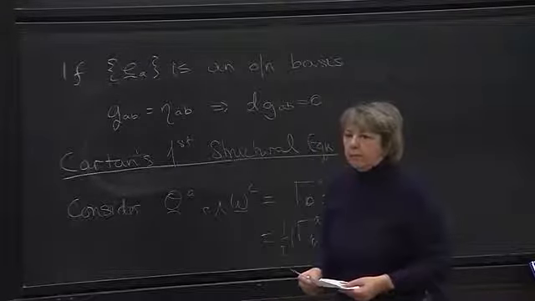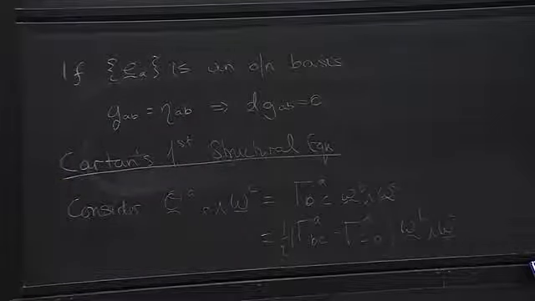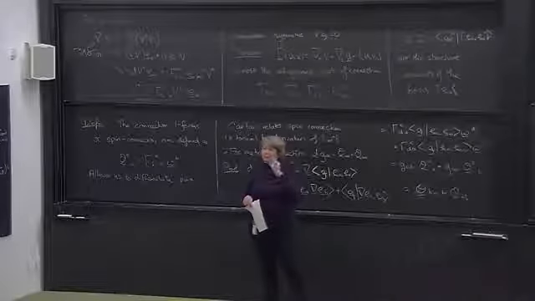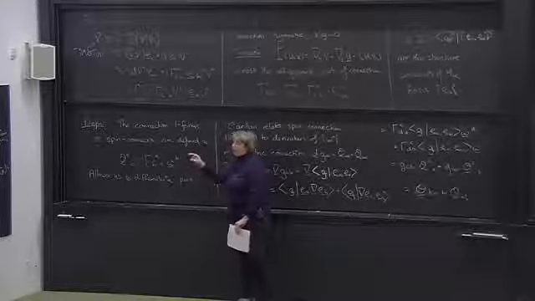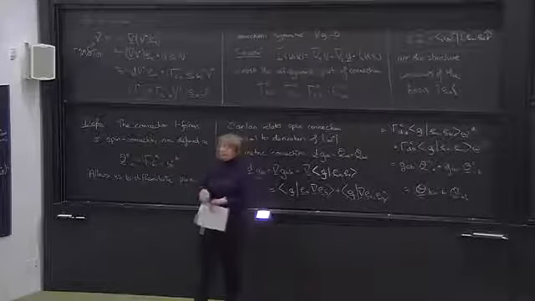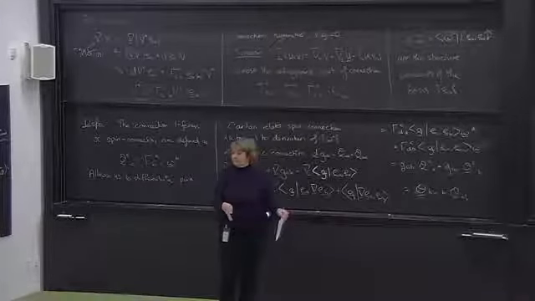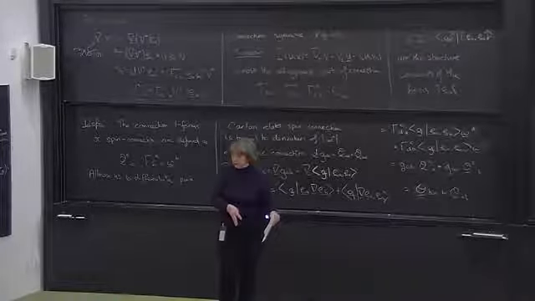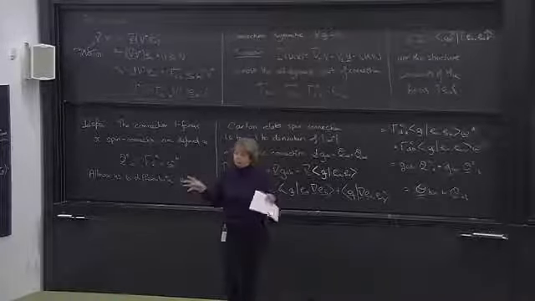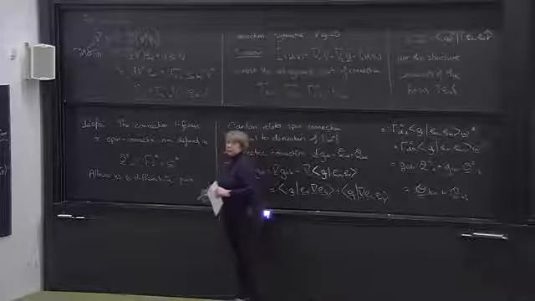If that helps. For any metric? Not any metric. That's quite an interesting question. Most of the metrics that we meet, yes, you can do this. And in fact, it's related to the spin structure. When you can do this in a way that's essentially global, then you can put spinors on your manifold. But some metrics do not admit this sort of global or pseudo-global orthonormal basis, and then you can't put a spin structure on it.